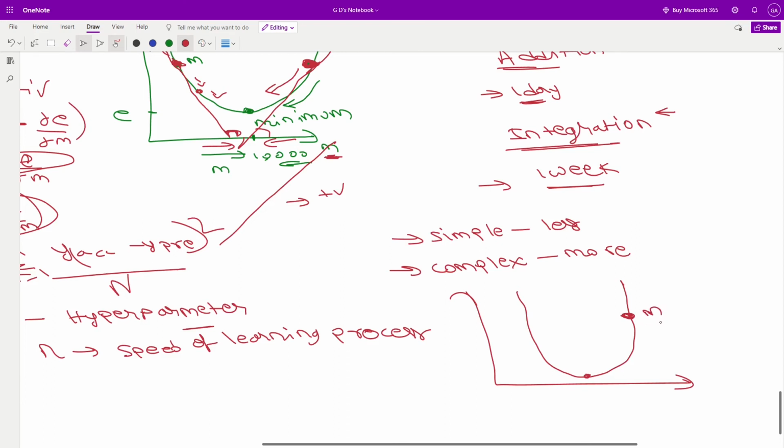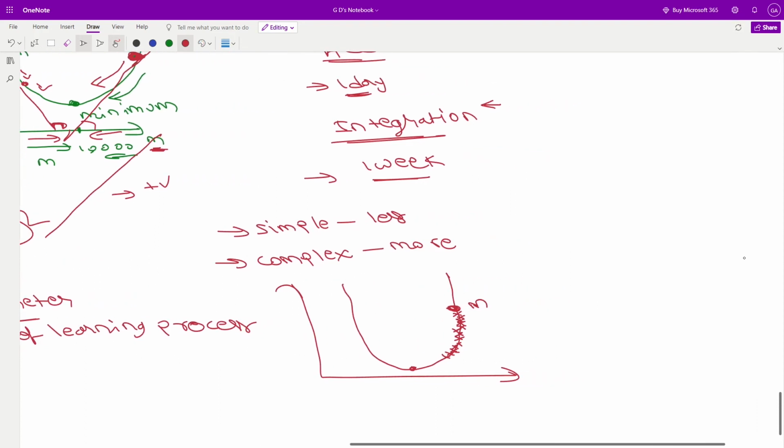In order to reach the minimum, your model will take very slow steps, baby steps, slowly coming to the minimum point. It will take a lot of time to reach the minimum point, right? So that is the problem if you give a lower learning rate.